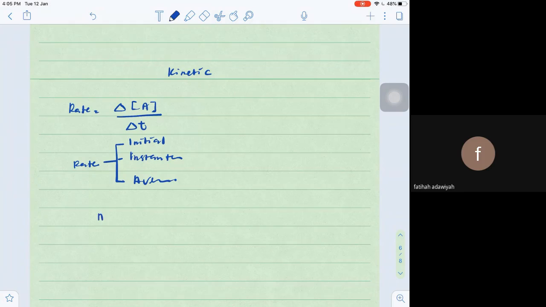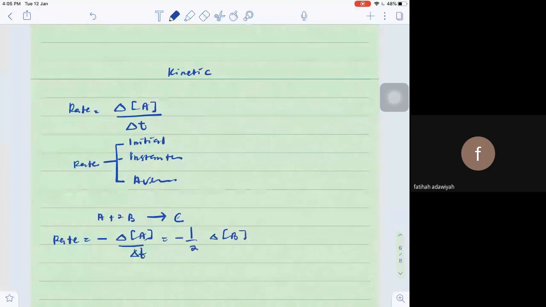So if, let's say, we have a reaction A plus 2B produce C, the rate expression will be rate equal to negative delta concentration A over delta T, equal to negative 1 over coefficient delta concentration of B over delta T, equal to what, class? Positive delta concentration of C over delta T.